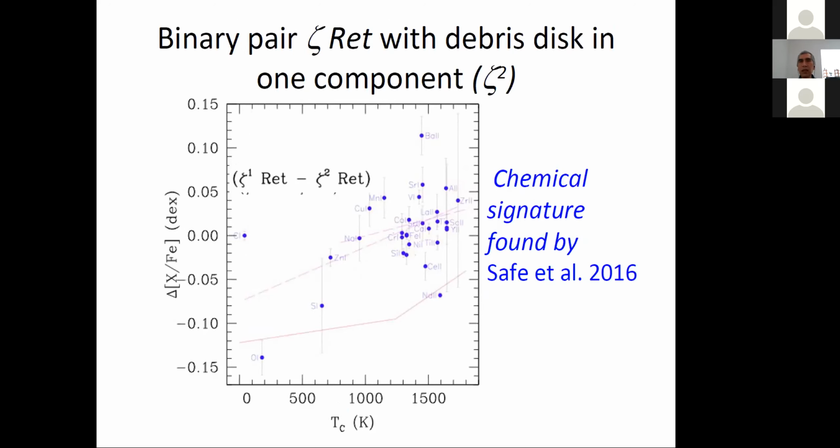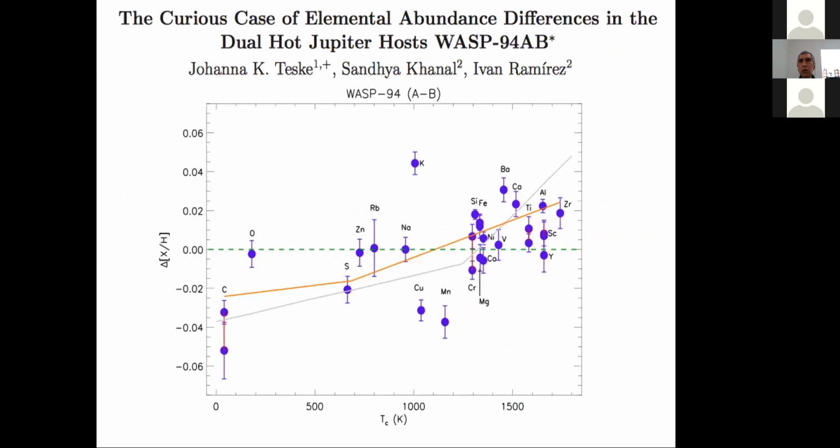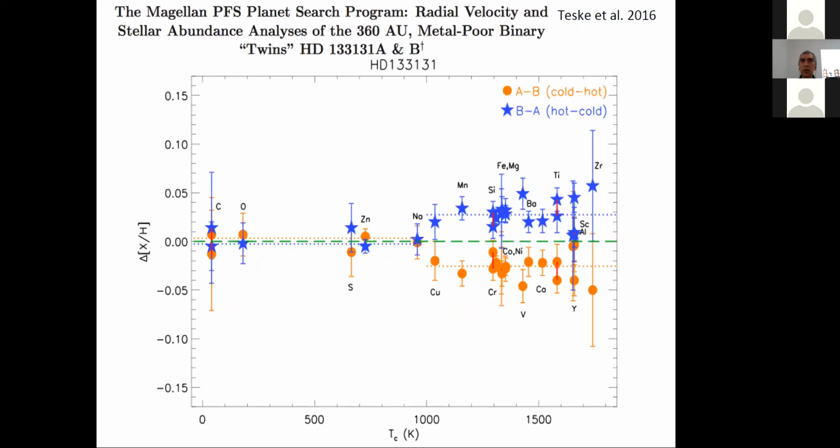Also in this system by Saffe et al., and confirmed by Adibekyan, and also in WASP-94 by Johanna Teske, you can see that there is some trend with condensation temperature in this binary system with planets.